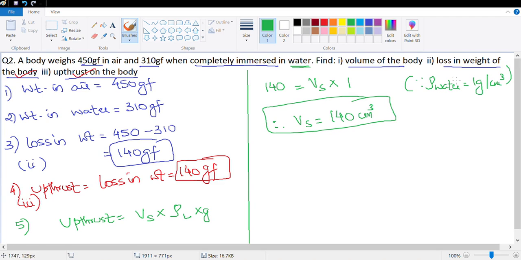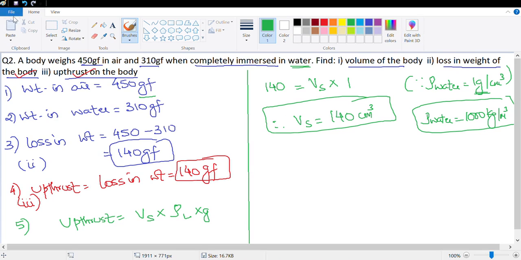You need to keep it in mind, since we're talking about all the elements in gram force, that's why I have taken it as 1 gram per centimeter cube. If this was kgf, then density of water would have been taken as 1000 kilogram per meter cube. That's something that you need to keep in mind, and you will need to remember the density of water.